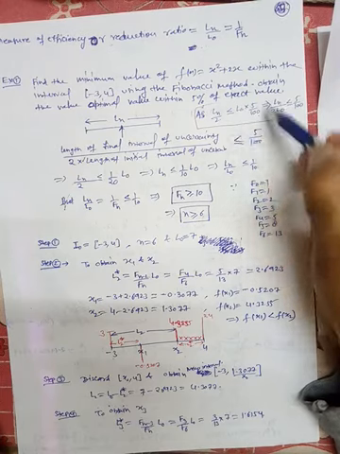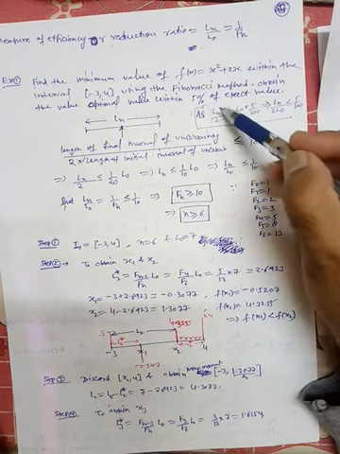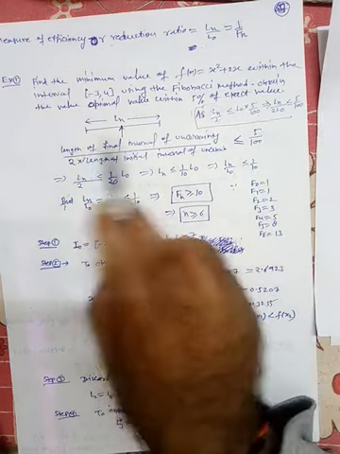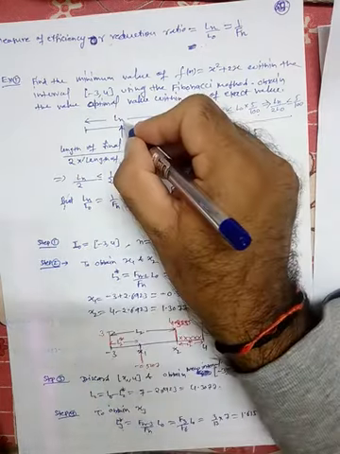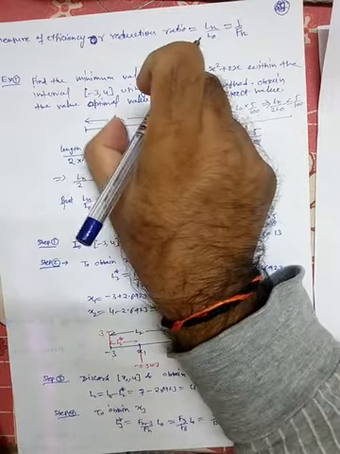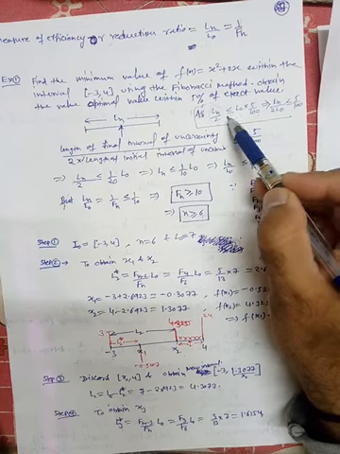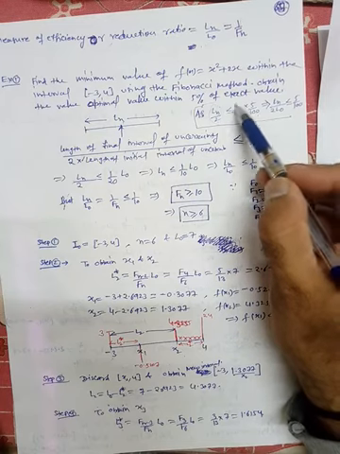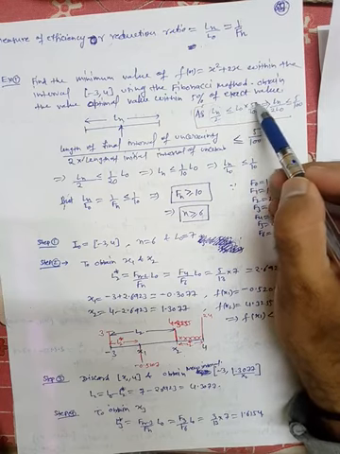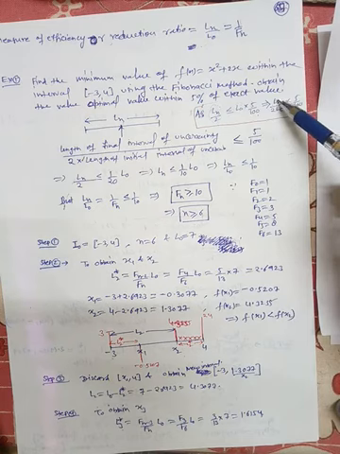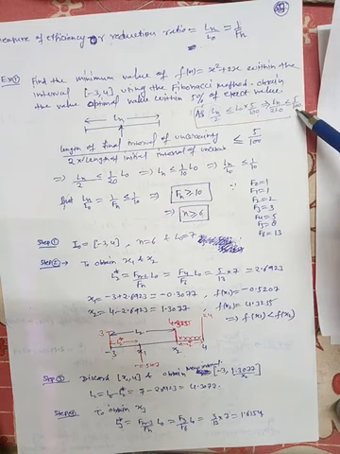We have done this in previous questions also. L naught by 2, because this is the total here, so we take half of the interval. So this is Ln by 2. This should be less than or equal to 5% of whatever the initial interval was. So Ln by 2 L naught is less than or equal to 5 by 100.